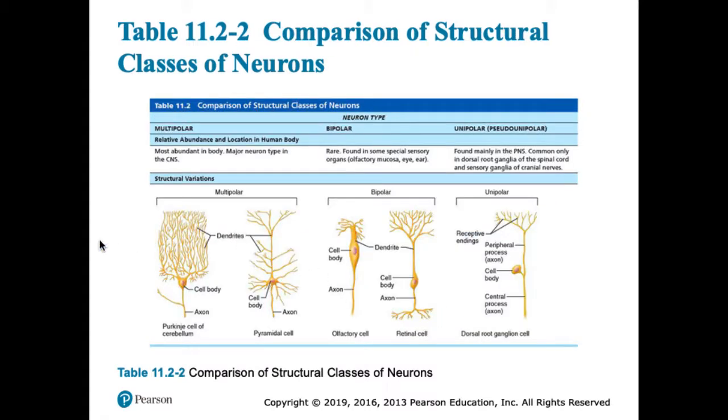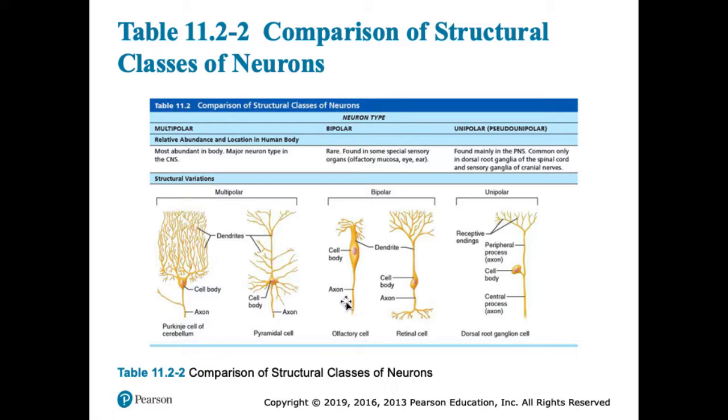Also, when we compare these, we see how the structural classes of neurons work. With the multipolar, you can see some have all these dendrites that branch significantly. This is found in the cerebellum. It's called a Purkinje cell. They're most abundant in the body. And then you have these pyramidal cells. Basically, you see the dendrites look very, very different.